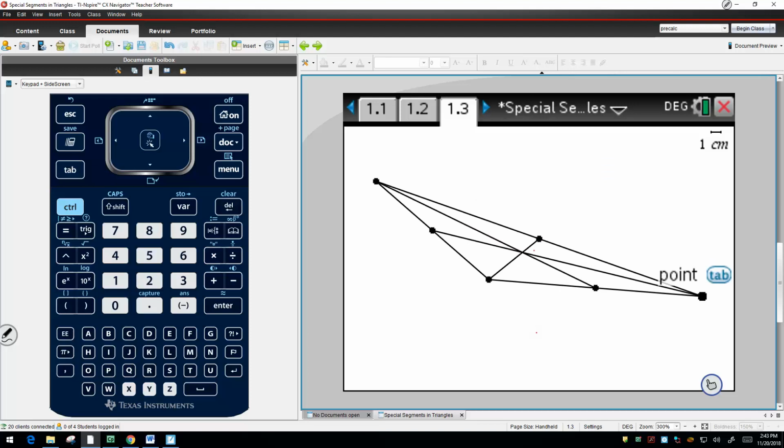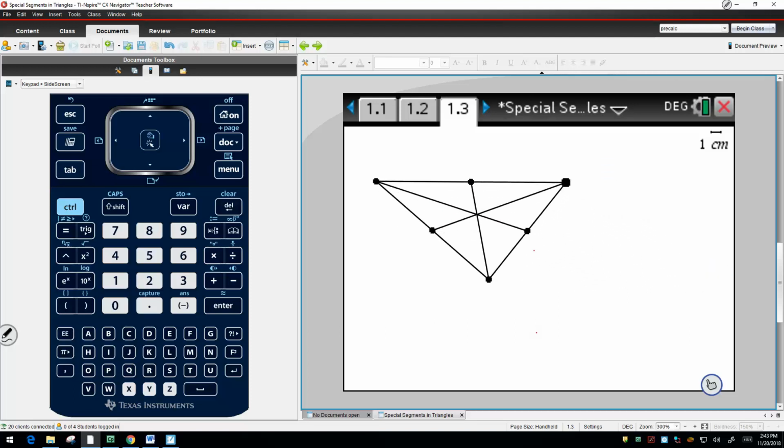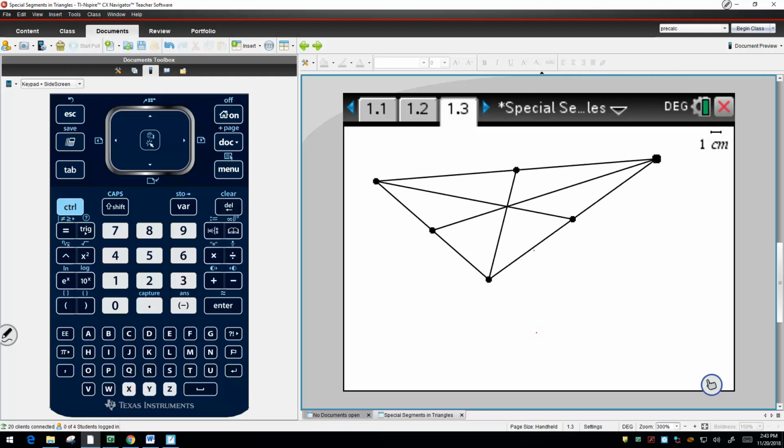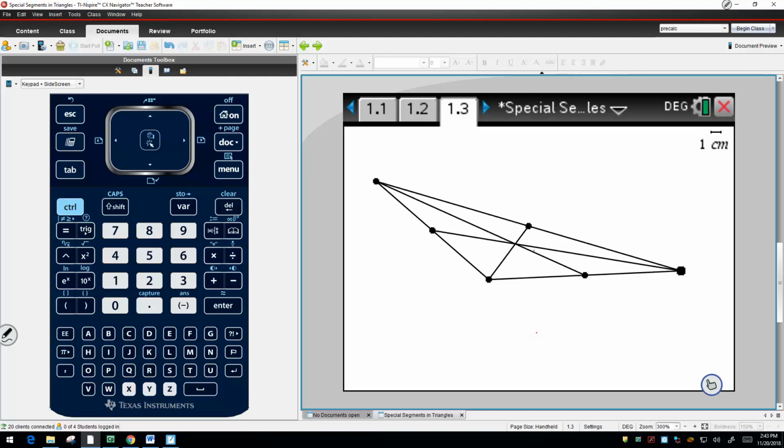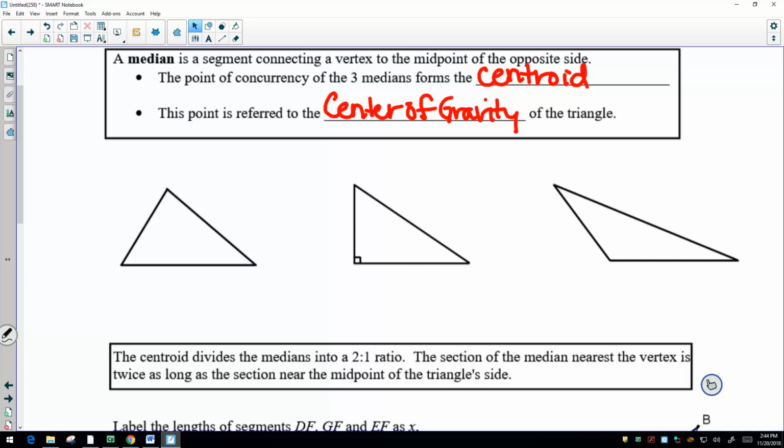It's permanently fixed inside the triangle. It doesn't matter how it's stretched or shrunk, that point is always on the inside. So maybe draw some pictures to remind you of it, but this is always on the inside.